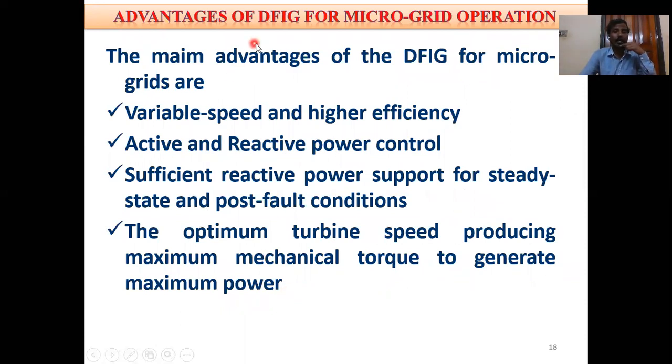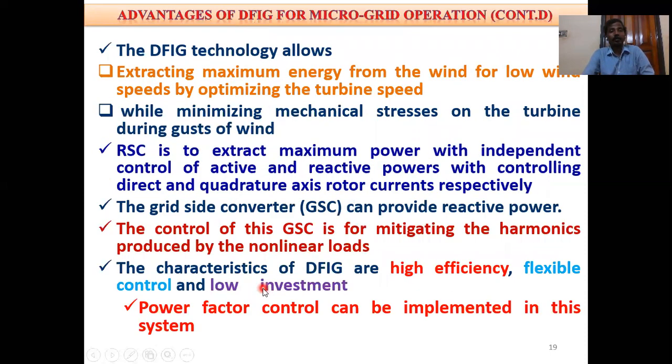And what are the advantages and disadvantages of the DFIG and microgrids? The main advantages of the DFIG for microgrids are variable speed and high efficiency, active and reactive power control, sufficient reactive power support for steady state and post-fault condition, the optimum turbine speed producing maximum mechanical torque to generate maximum power.